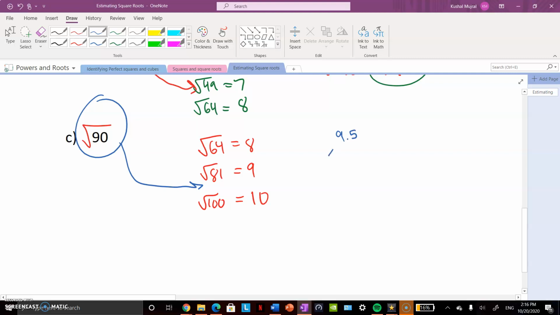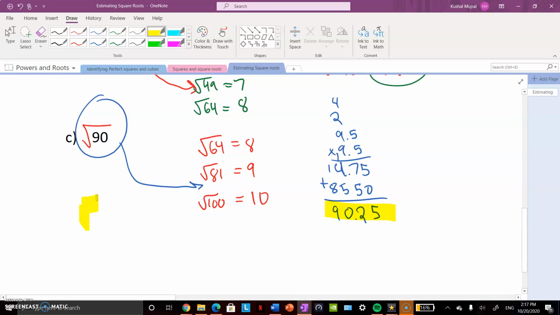So 9.5 multiplied by 9.5 is 90.25. Now that is really close to 90, and I don't think we need to do anything else. So I think we have our answer right here.